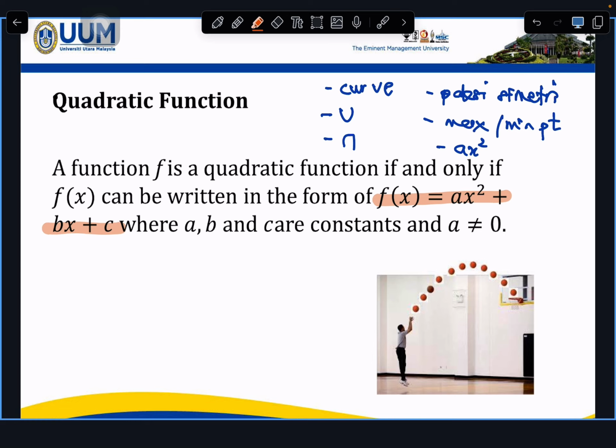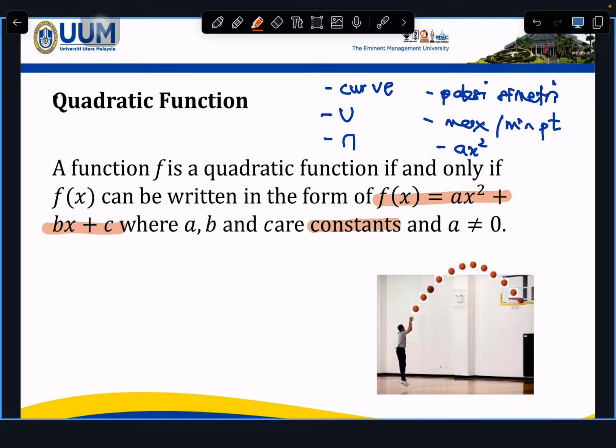What is a constant, guys? What is a constant? Should be a number. Okay, correct. So when we say number, can we have negative, positive numbers?